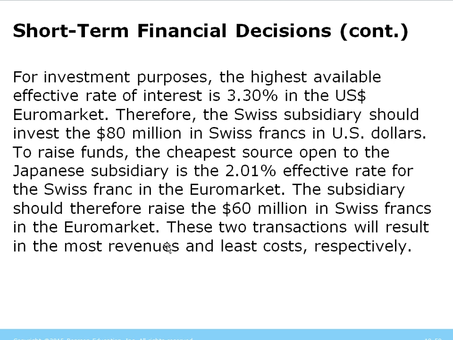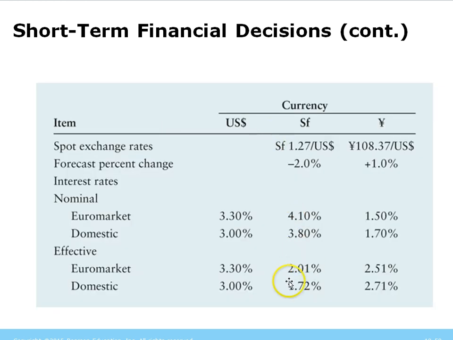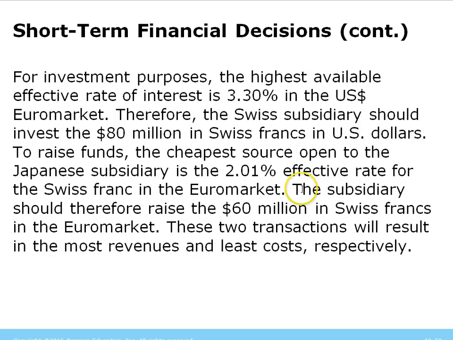We have the cheapest source open to the Japanese subsidiary at 2.1%, which would be in Swiss francs. So the subsidiary would therefore raise 60 million in Swiss francs in the euro market, and these two transactions would result in the most revenue and least costs, respectively. So it's really just using that translation of currencies between the US dollar, the Swiss franc, and the Japanese yen.